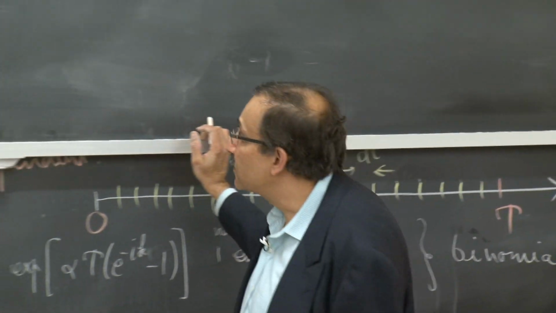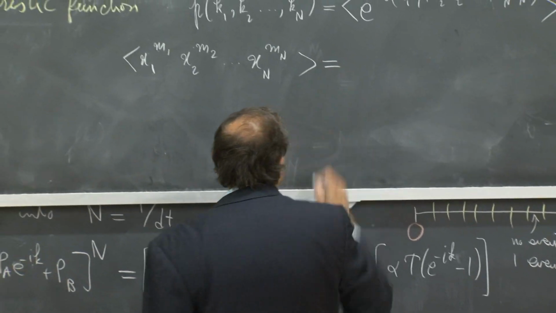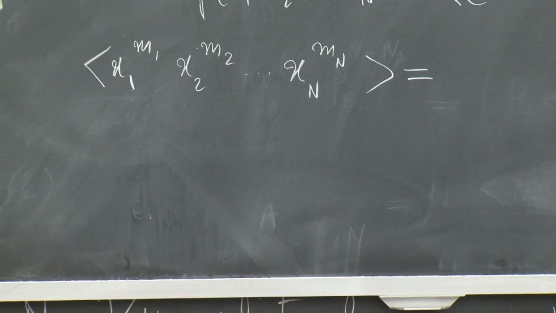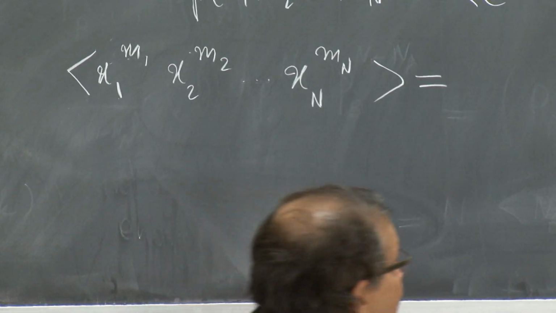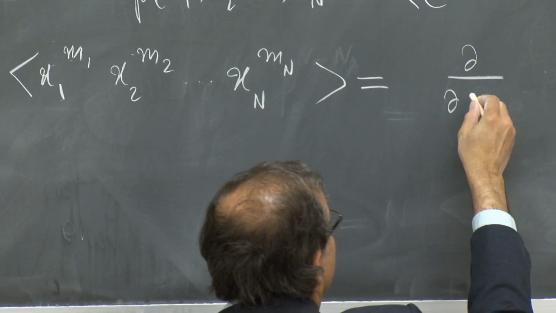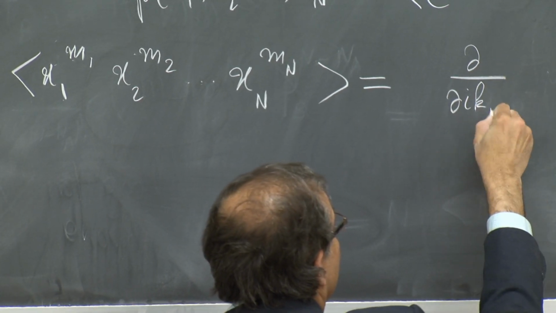Now, a more common way of generating the Taylor series expansion is through derivatives. So what I can do is take a derivative with respect to, say, ik1.